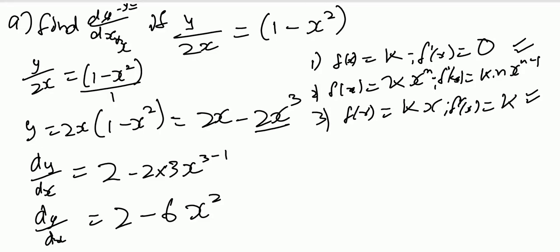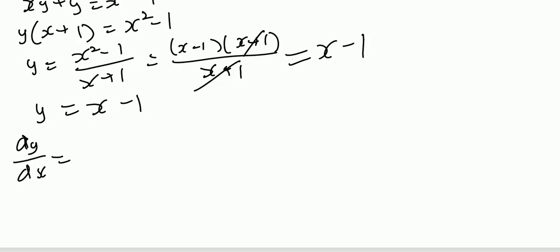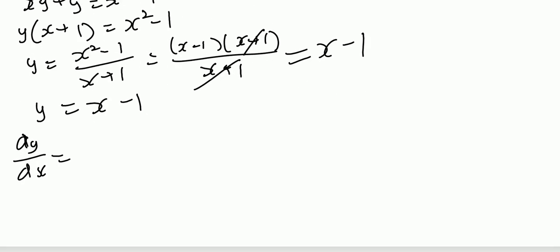That means in that case, if we have x, this means that our n is 1, even our k is 1. Then using the regular rule of power rule, it's going to be what? 1 multiplied by 1, x to the power 1 minus 1, which is x to the power 0. X to the power 0 is 1.